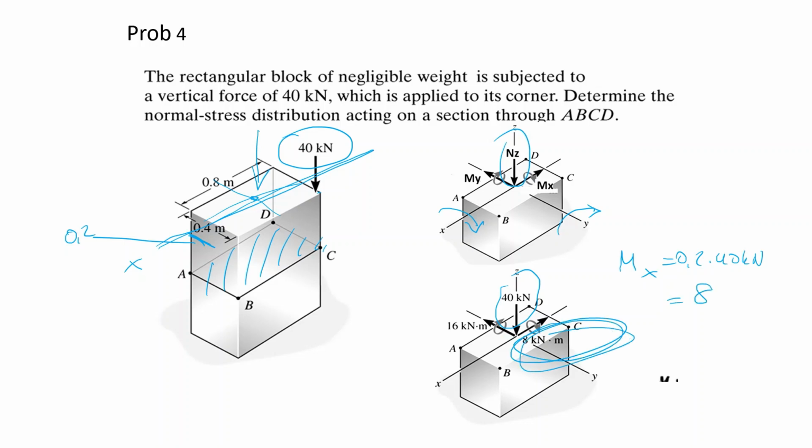As you see, 8 kilonewton meter around the x-axis. Next, we have the y-axis. If you take the y-axis, this distance is 0.4. 0.4 times 40 will give you around the y-axis 16 kilonewton meters.